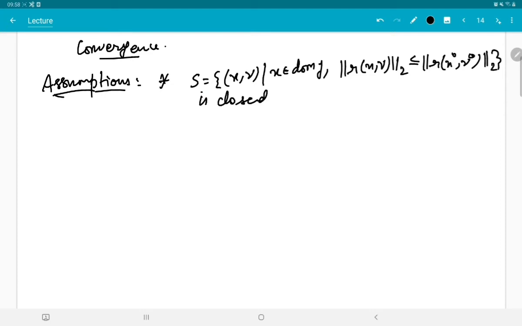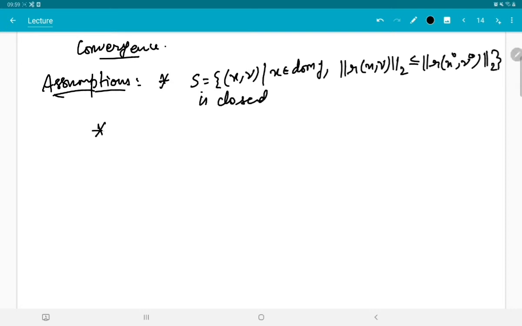This set is basically the set which is good. We would like the residue to be less than the residue from where we are starting. So this is the set we would like to move into. That sublevel set is closed.